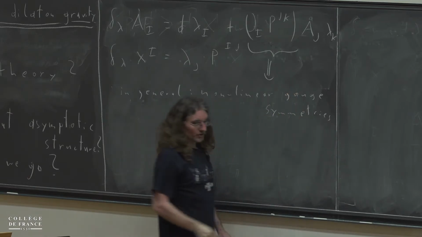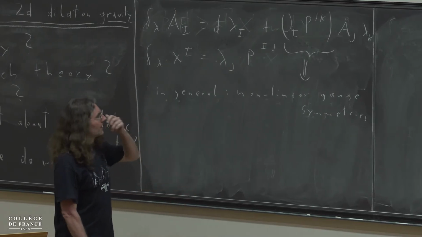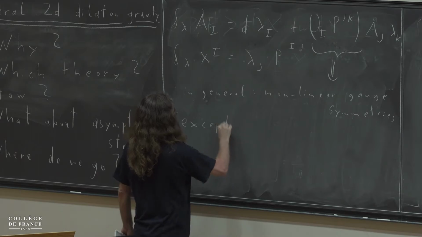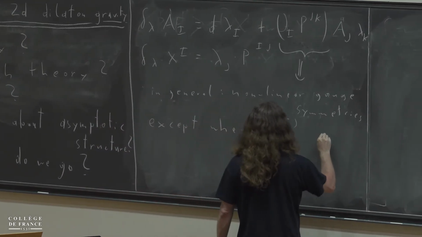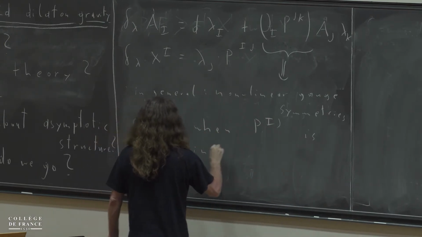So it's not just that they are non-abelian, they are not even of Yang-Mills type in general. An exception is when the Poisson tensor is linear in the ξ's.